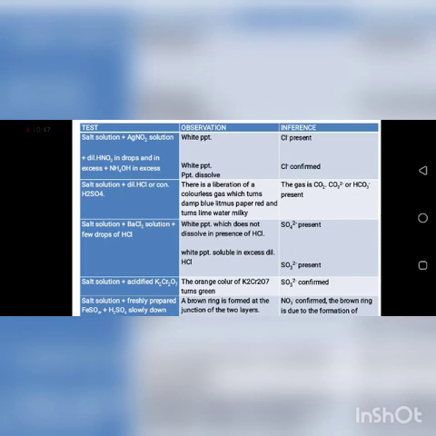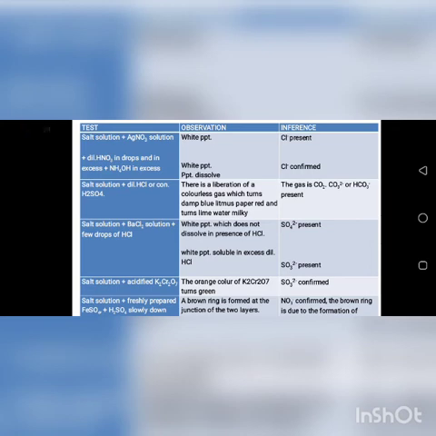But if you add dilute HNO3 in drops to the solution and in excess, plus ammonium hydroxide in excess, and the white precipitate dissolves, this is a confirmatory test that shows that chloride is present. The second one is when you add dilute HCl or conc H2SO4 to the unknown sample solution, and there is liberation of a colorless gas which turns damp blue litmus paper red and turns lime water milky.